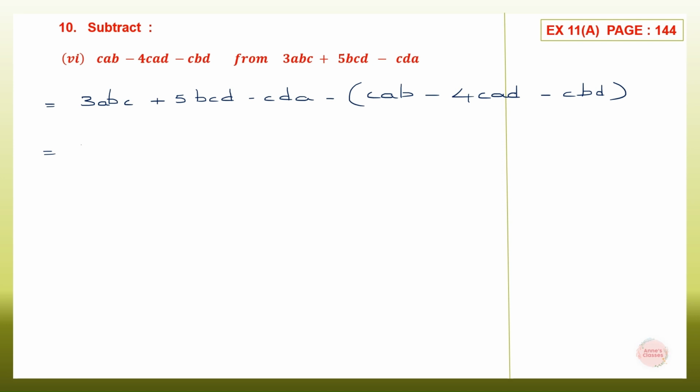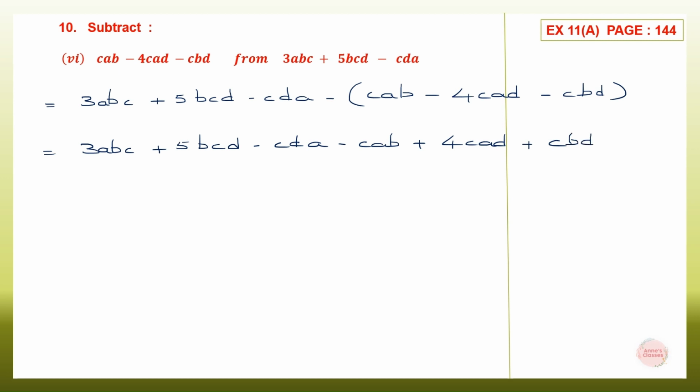So now we're going to remove brackets. 3abc plus 5bcd minus cda. Now the sign before the bracket is minus, so change the sign of all these inside. So this becomes minus cab plus 4cad plus cbd.